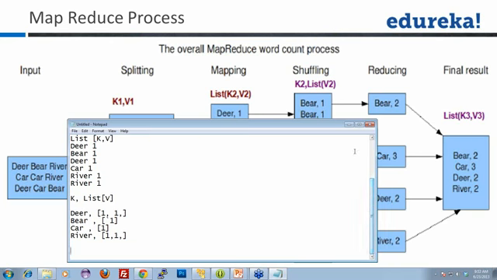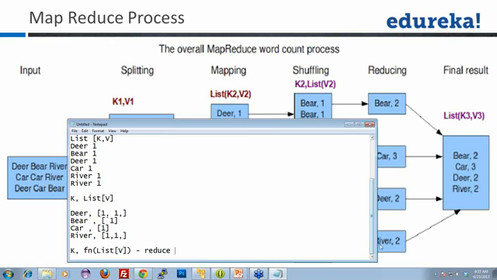Great, very nice. Then the next step is where you do a function on the list V for each key K. This is the step which is called reduce. Now what this function is, it could be anything. This is your actual function.